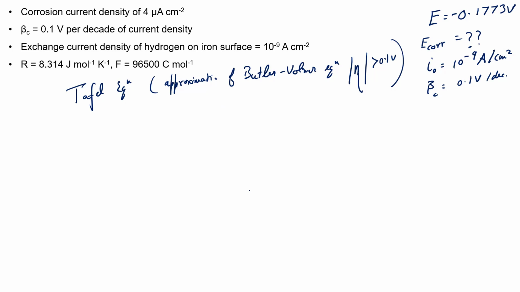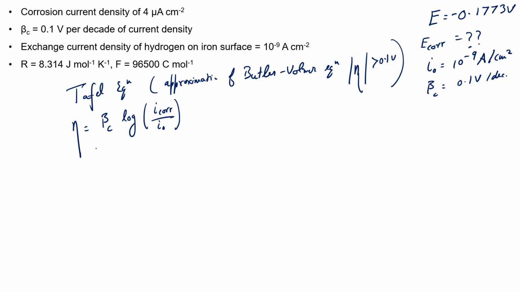Okay. So according to the Tafel equation, the activation overpotential is nothing but beta C, the Tafel slope, times log of I corr upon I naught, where I naught is the exchange current density and I corr is the corrosion current density.